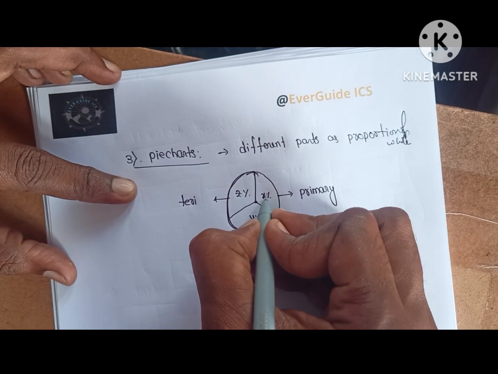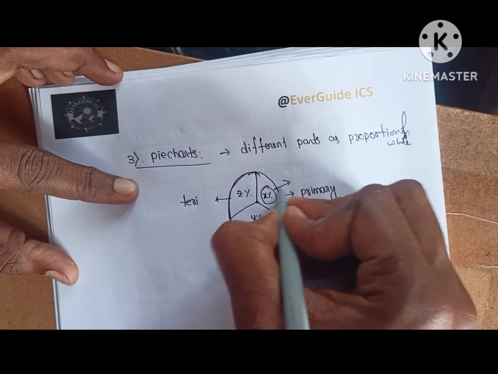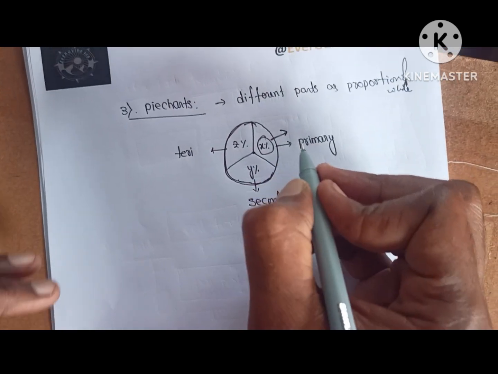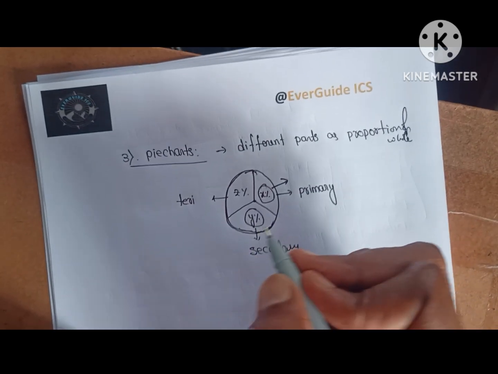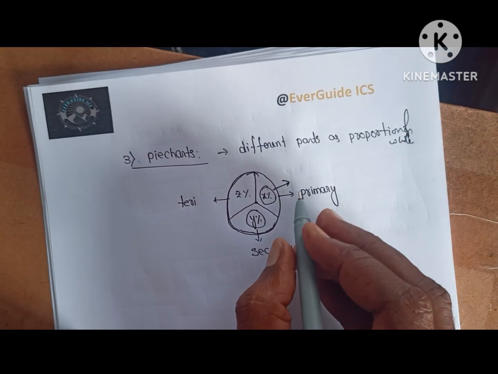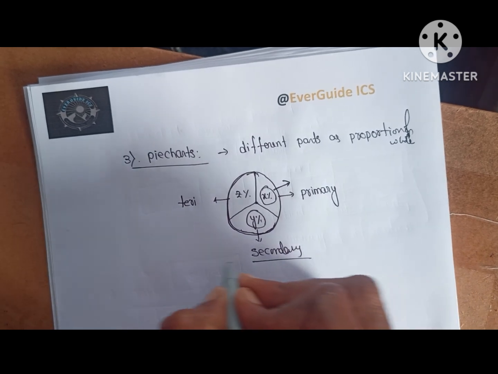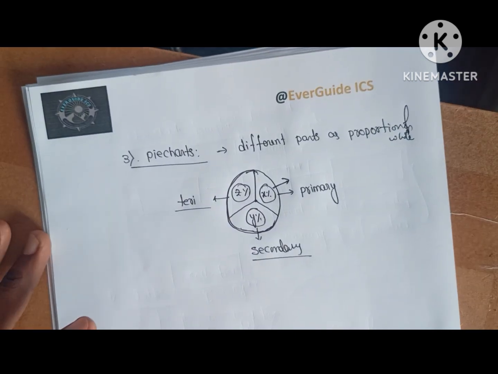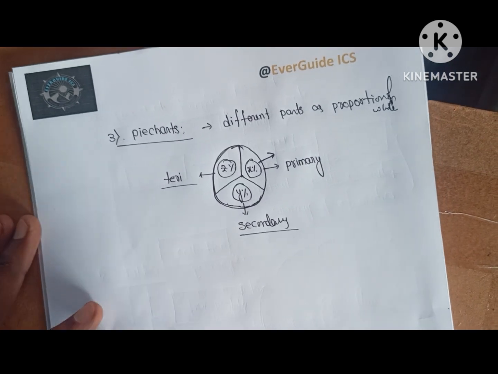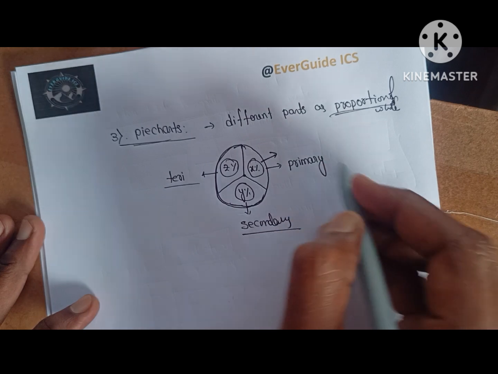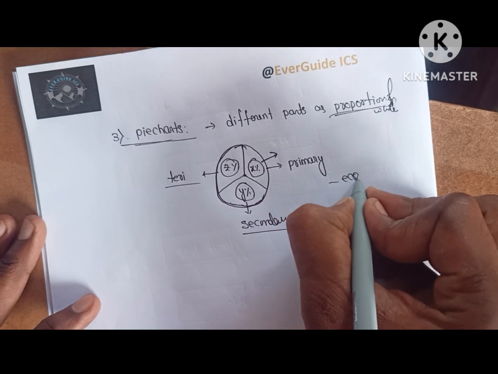Or X percentage of contribution to GDP from the primary sector, Y percentage contributed to GDP from the secondary sector, and Z percentage from the tertiary sector. You have to present the information as a proportion. You can use pie charts. It is very useful in economy.